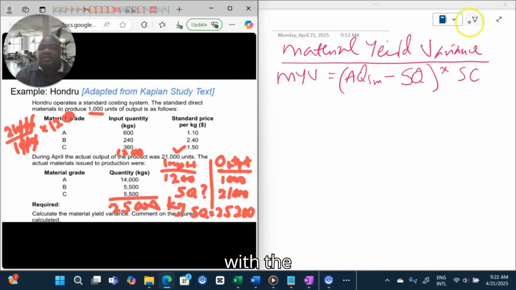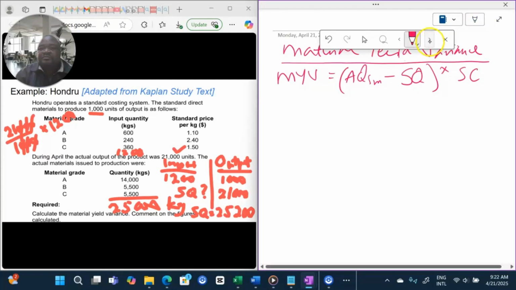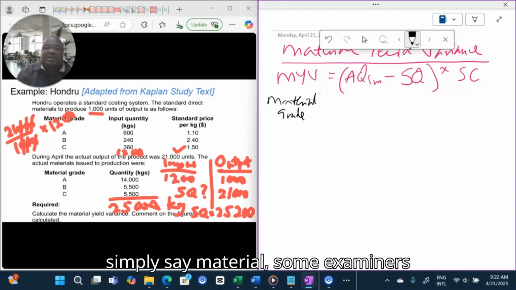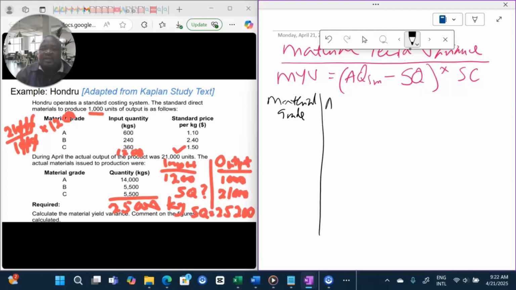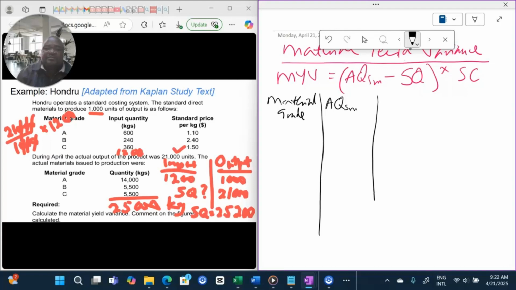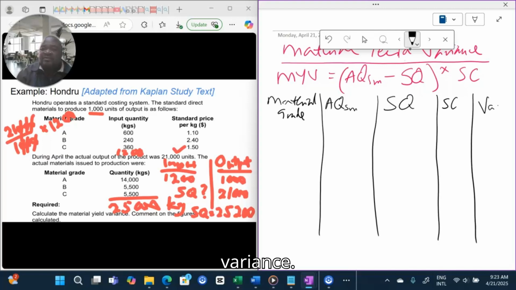We'll start with the material grade. Okay, because if you simply say material, some examiners will be irritated. Okay, actual quantities at standard mix, standard quantities, standard cost per unit, variance.